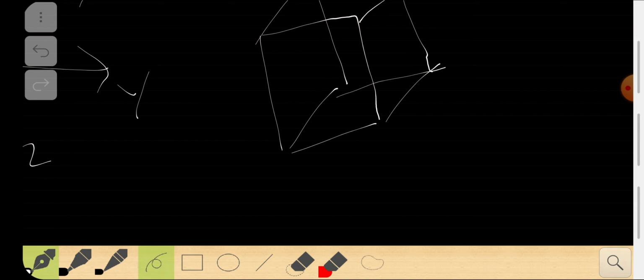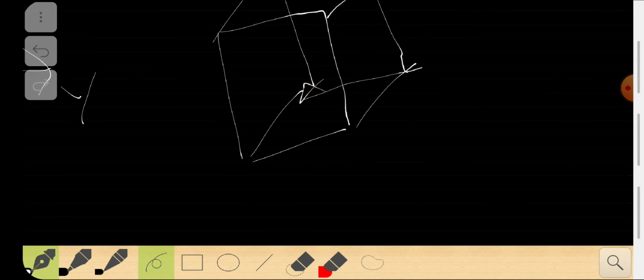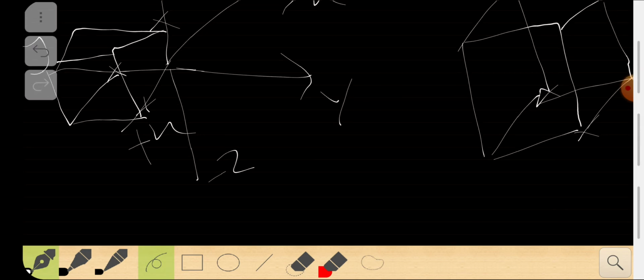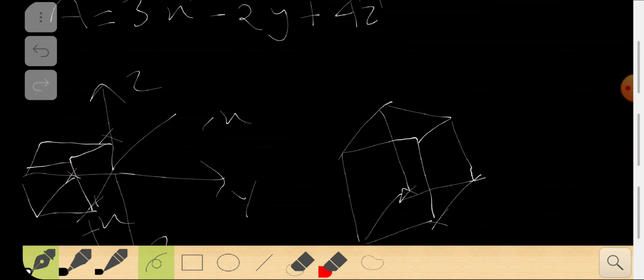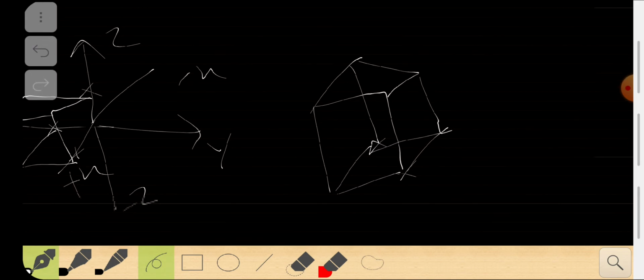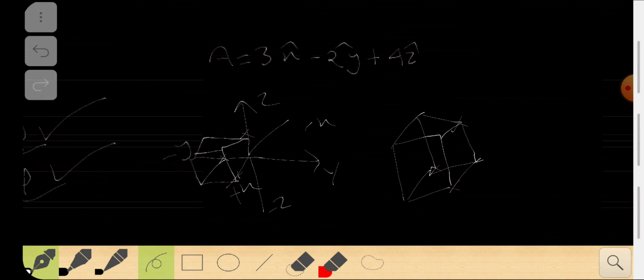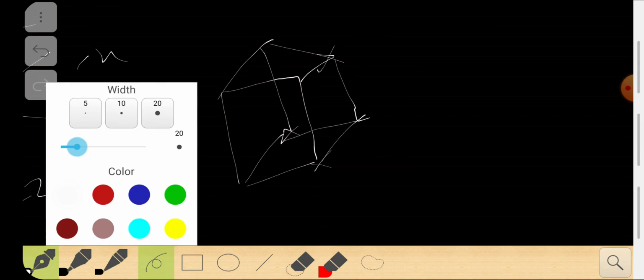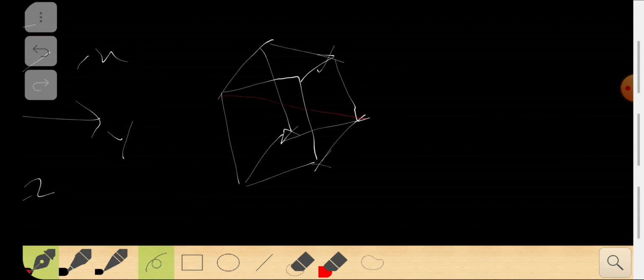Now this is the point minus 2 on y, this is the point on x, which is plus 3, and you have z, which has an intercept in here, which is plus 4. Now you will have the vector directed in such a way, like this. That's the vector right there.